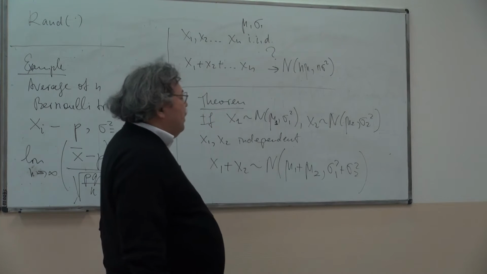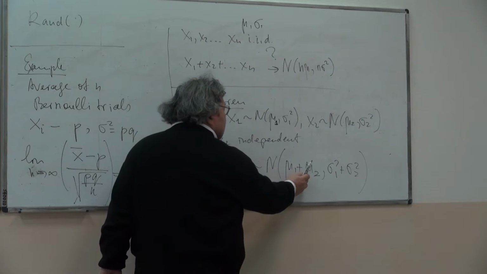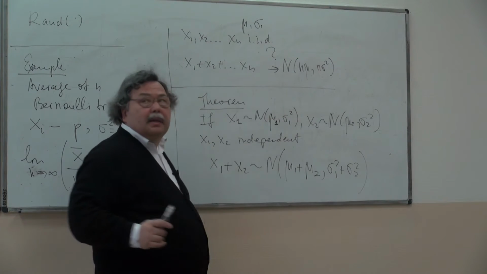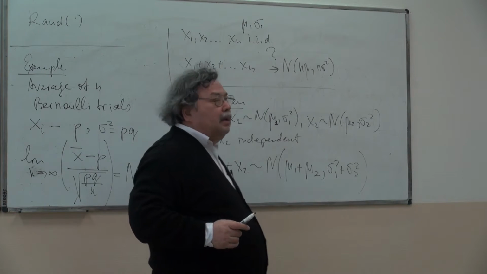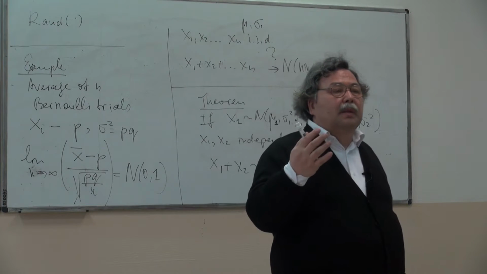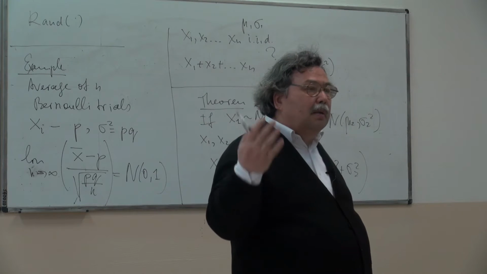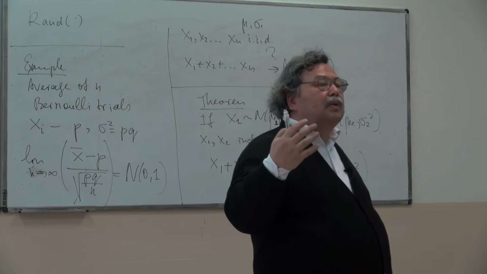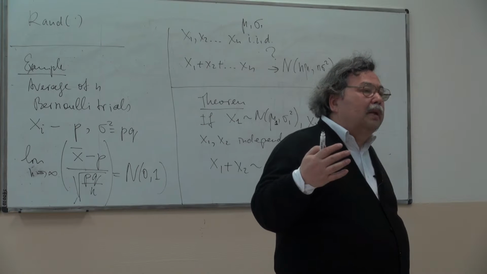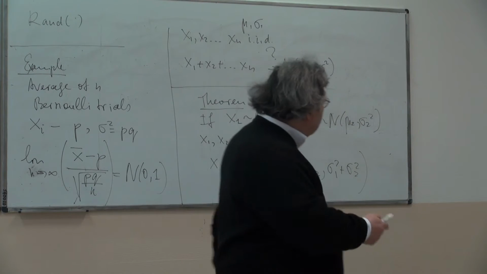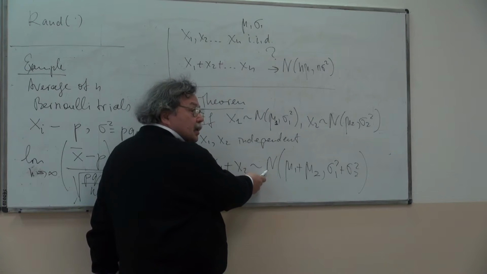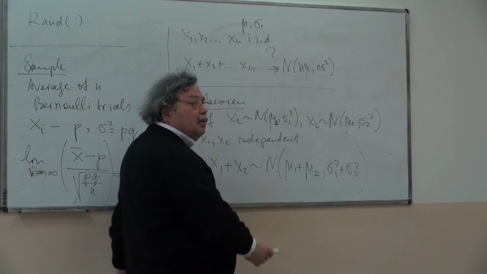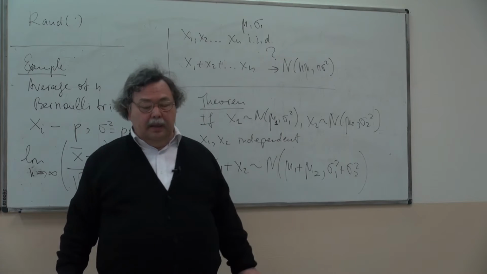Well, we already discussed this: if we add up two random variables, the means sum up, and if we add up two independent random variables, the variances sum up. So this is no surprise. What is a surprise is this: the sum is normal.